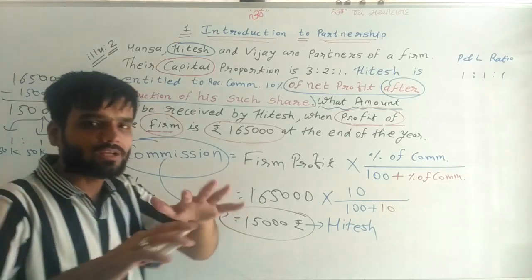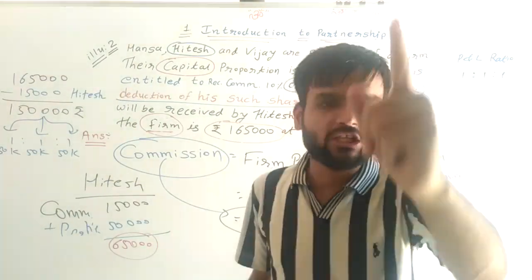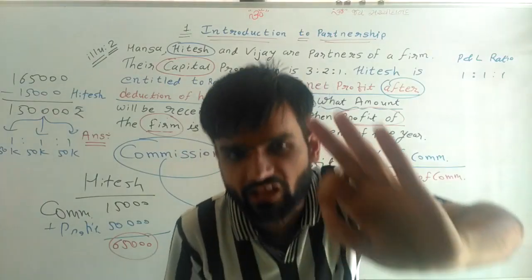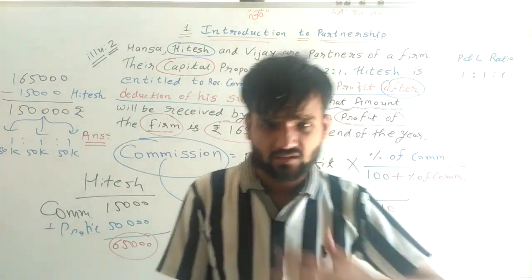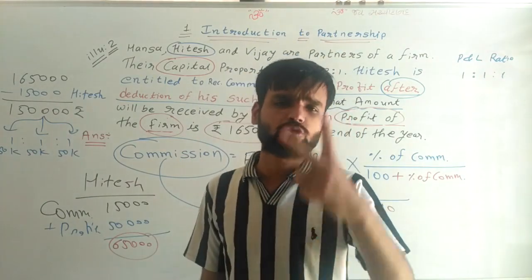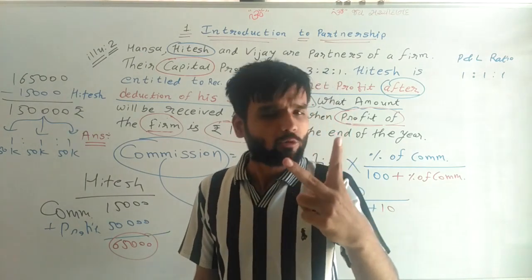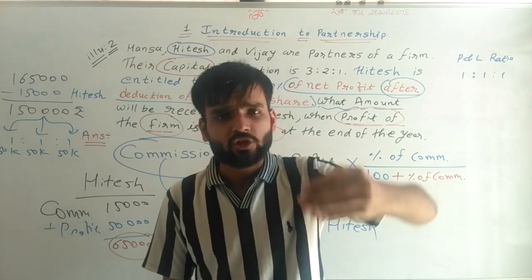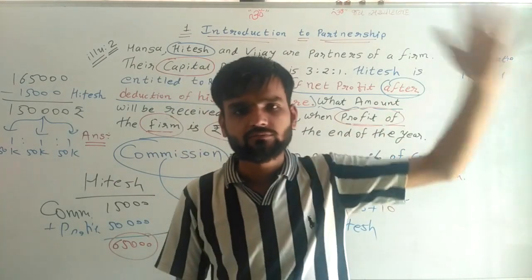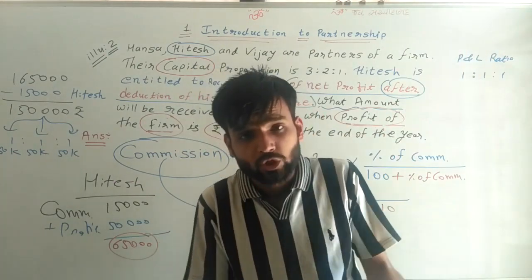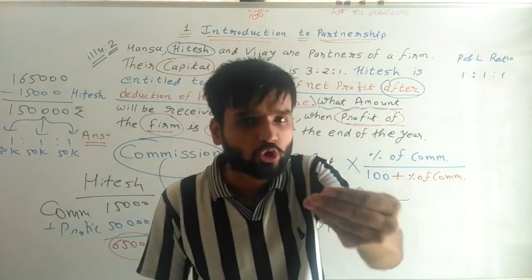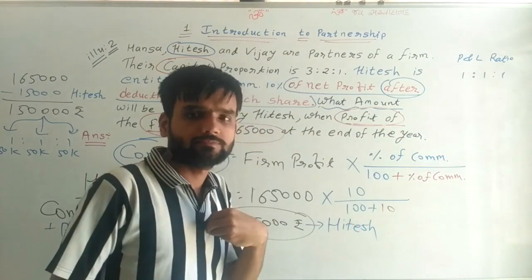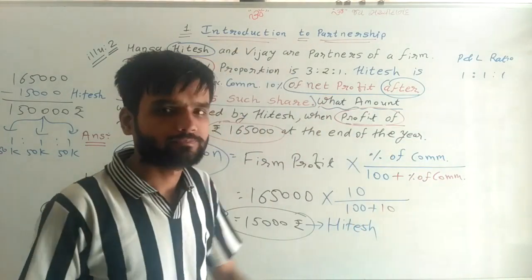Now, my sum is completed. 3 marks are in your account. But I want to clear 2 things, and that's why this lecture will go ahead. Maybe you have to give me 10-20 minutes more to understand that topic.